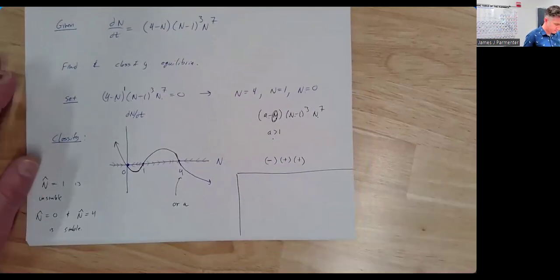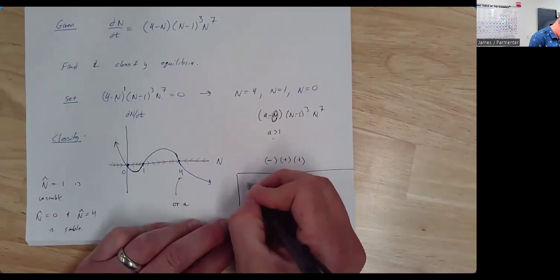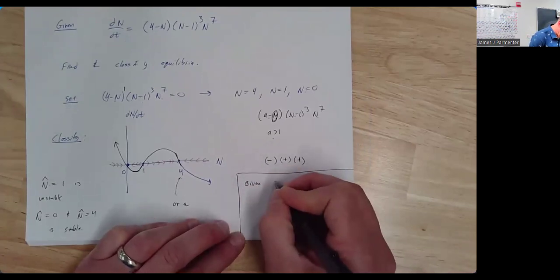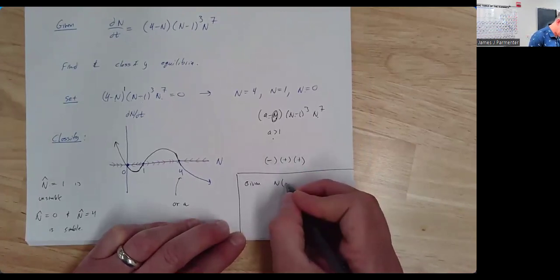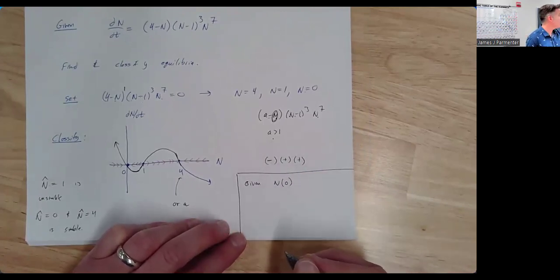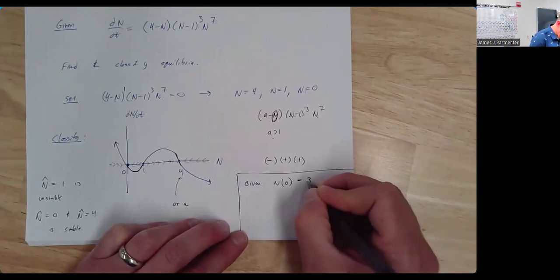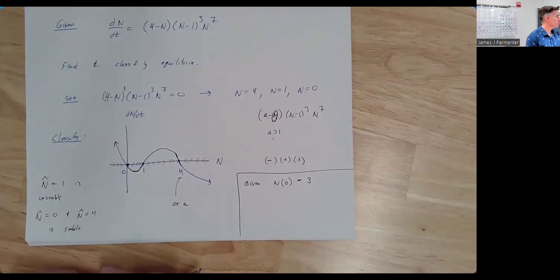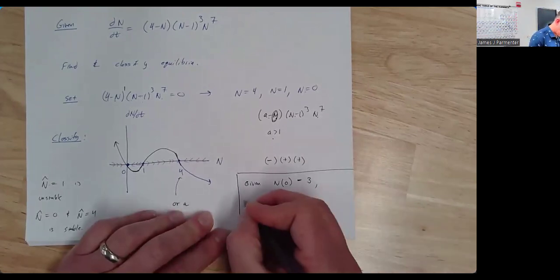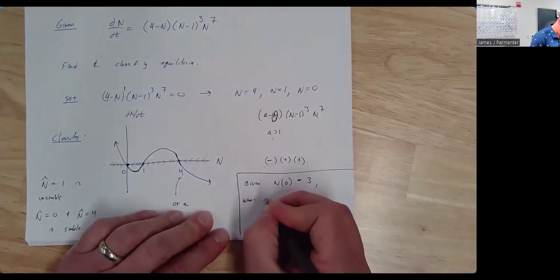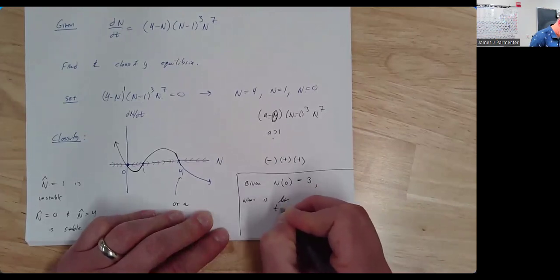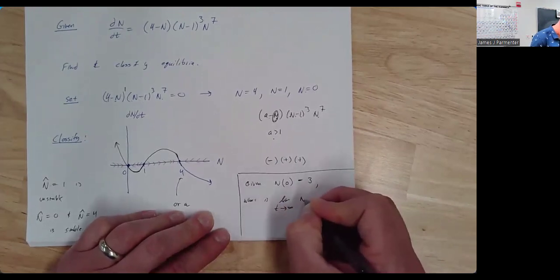Understanding check. If we were given that n of 0, meaning n at t equal to 0, was equal to 3, what is the limit as t goes to infinity of n of t?